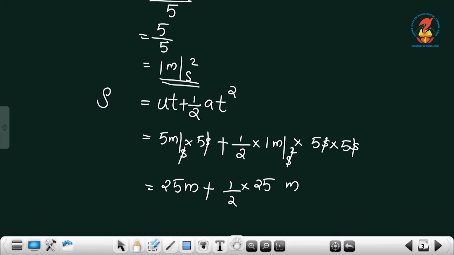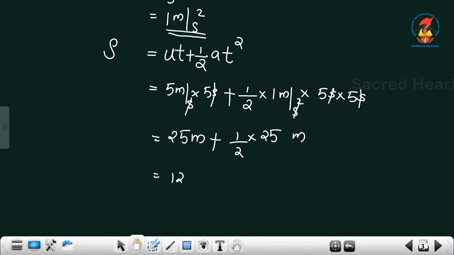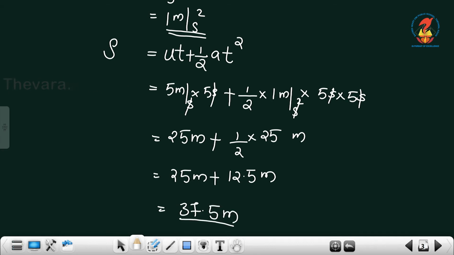So what's the answer? 25 meter plus, when you divide 25 by 2, you will get 12.5 meter, and you add it. 25 plus 12.5, you will get the answer 37.5 meter. Okay.